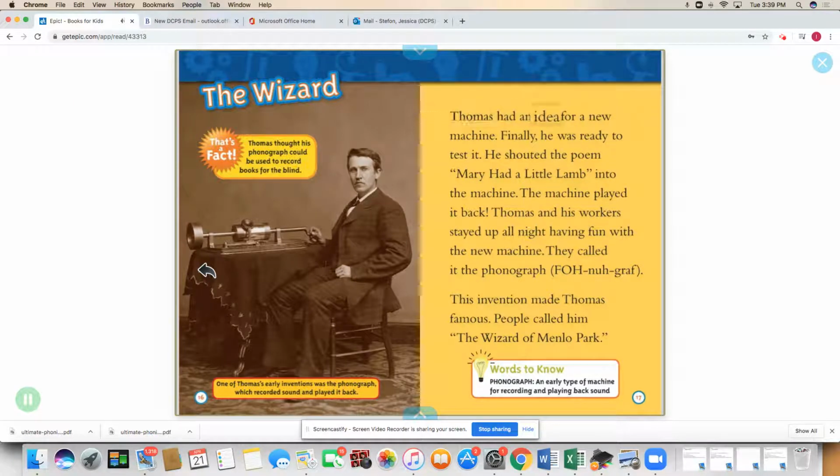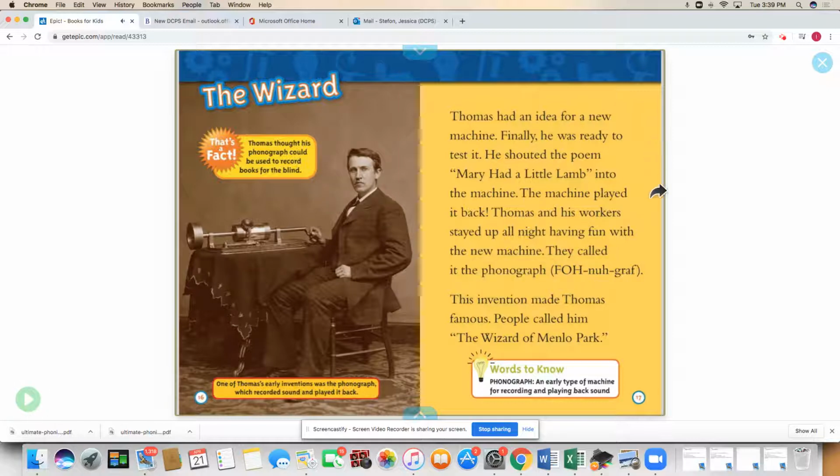Thomas had an idea for a new machine. Finally, he was ready to test it. He shouted the poem, "Mary Had a Little Lamb," into the machine. The machine played it back. Thomas and his workers stayed up all night having fun with the new machine. They called it the phonograph.